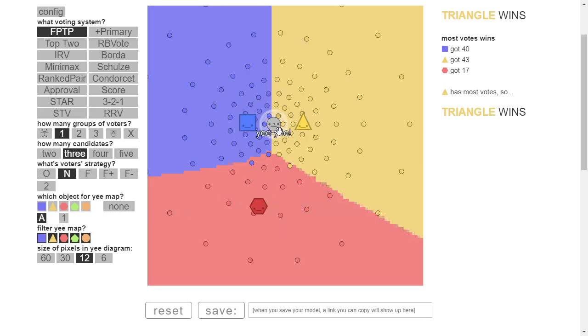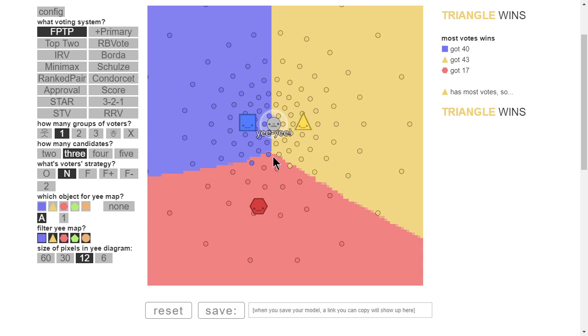So this is the Yee diagram I saw when I first encountered Yee diagrams. They're named after Ka-Ping Yee. That's the namesake of the Yee diagram, and you can see the images he made.